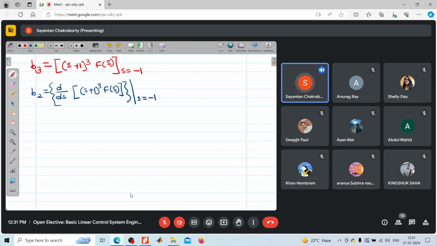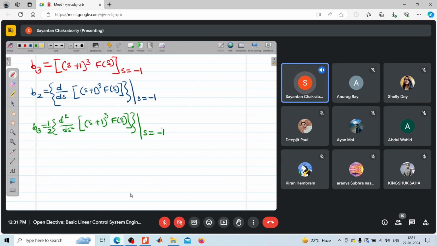And finally, your b1 will be half of the second derivative. Why half? Because it came out to be 2b1, right?